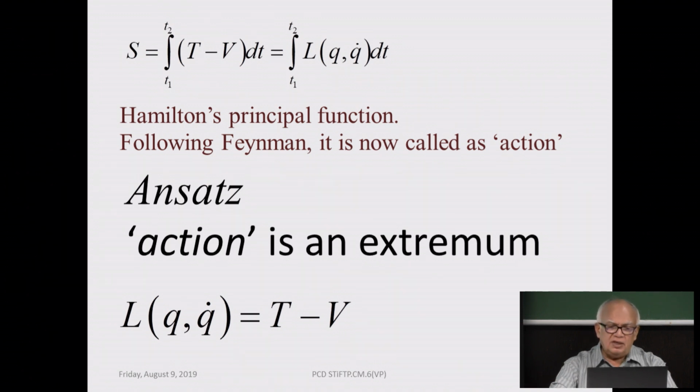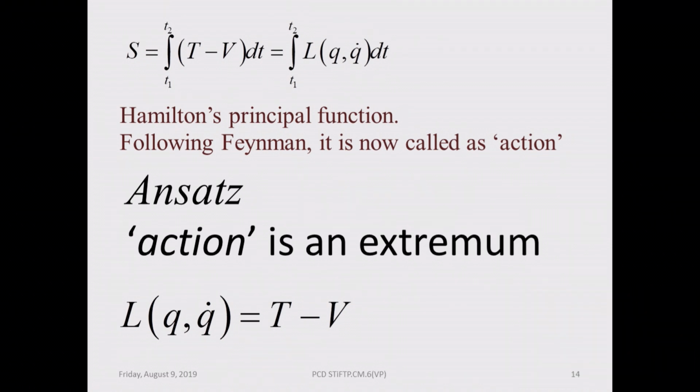So this is an amazing principle which you don't really derive out of anything else. You propose it as an ansatz that if you begin with this ansatz, then you can provide an accurate description of every mechanical motion that you observe in nature. So this is the principle.